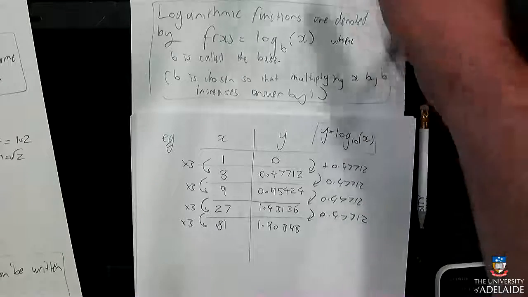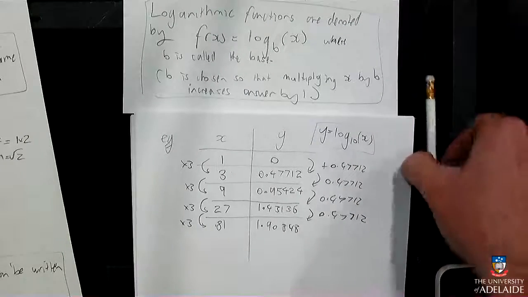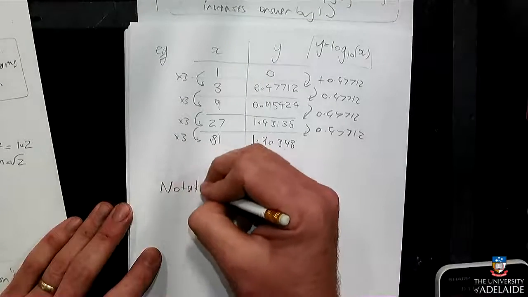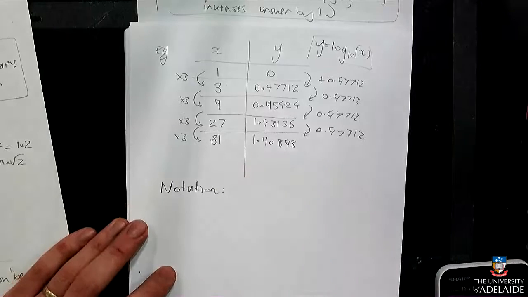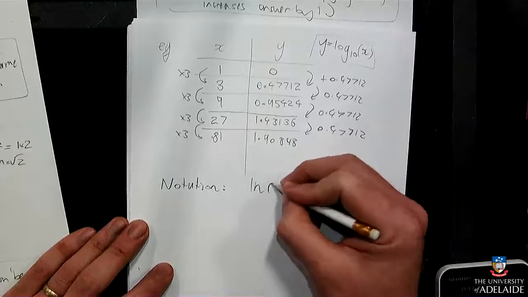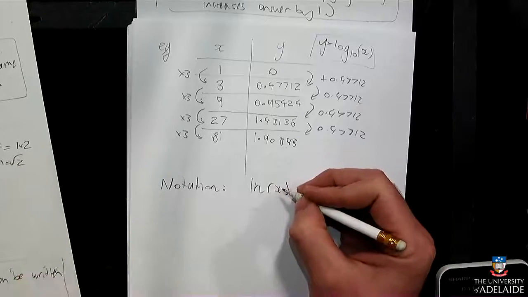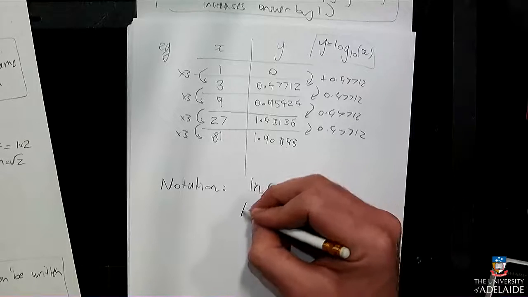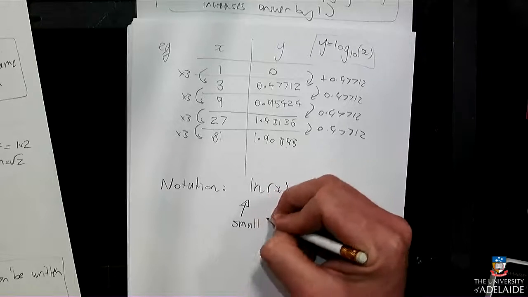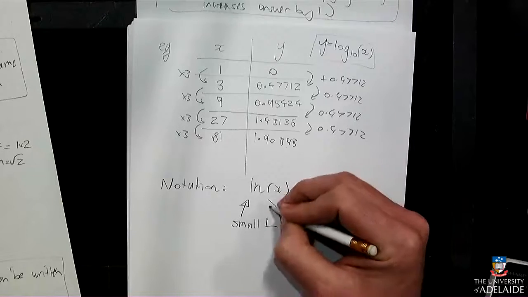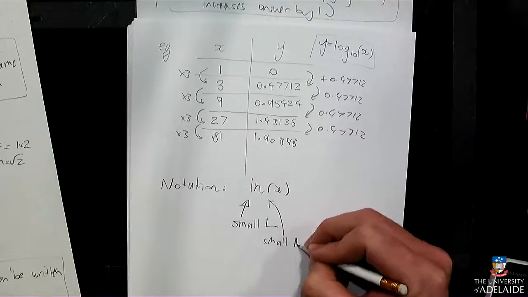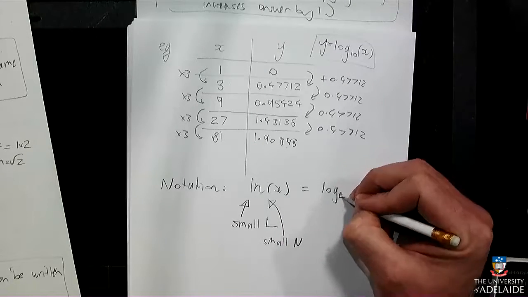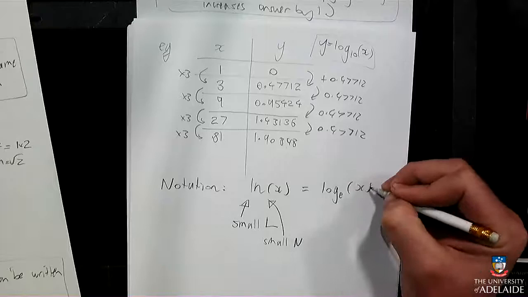Whereas an exponential function works the other way. So just some special notation. ln x, so i.e. this is a small l and this is a small n, ln x is the logarithm to base e of x.